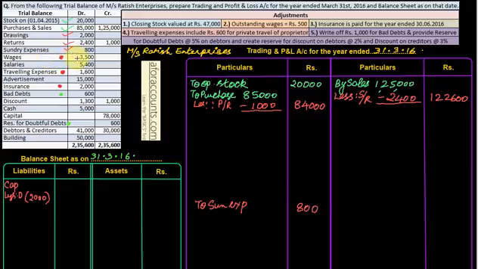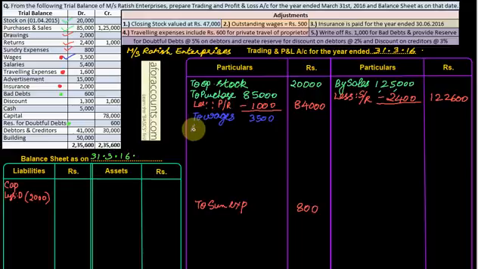Wages 3,500 with an adjustment. So to wages in the inner column, 3,500. And what is the adjustment pertaining to wages? Outstanding wages rupees 500. So the formula is add outstanding and less prepaid. In adjustments, there are two effects to give.